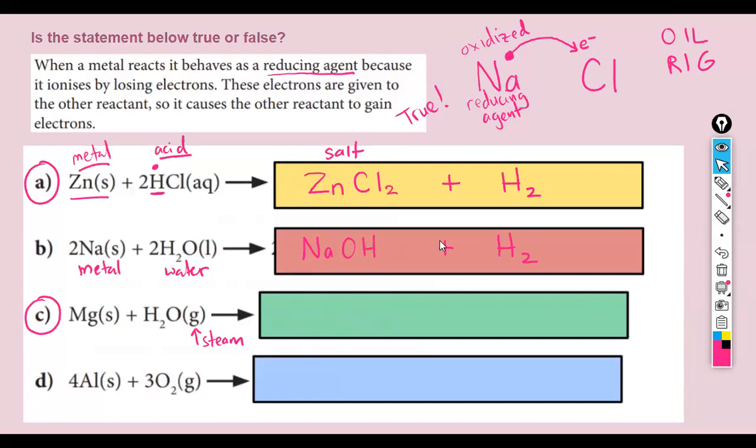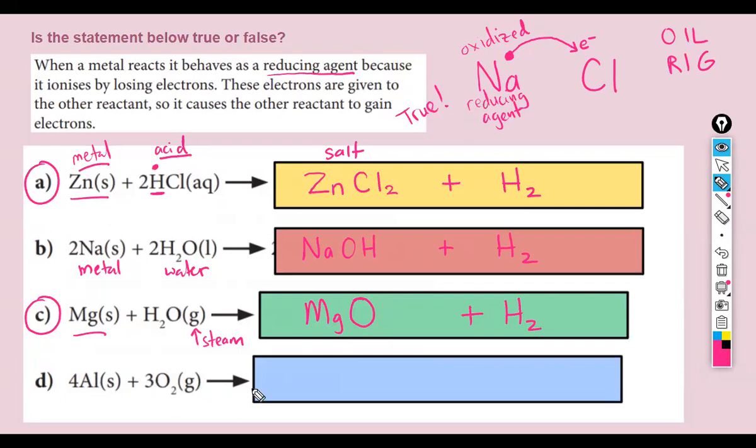But when it's steam, what do you get? Right, Alia, correct. You get something slightly different. You just get the metal oxide, not hydroxide, plus hydrogen. But once again, I know that's not balanced. Actually, yeah, it is balanced. This one is balanced.